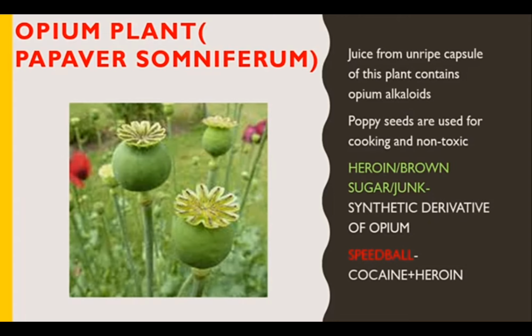Like in cocaine we remember different names: Cadillac, Snow, White Lady. Here also we have to remember different names. A synthetic derivative is speedball, cocaine plus heroin. Imagine heroine is eating a laddu made of brown sugar, which is not good food, a sweet considered junk. That is how we will remember the opium plant.